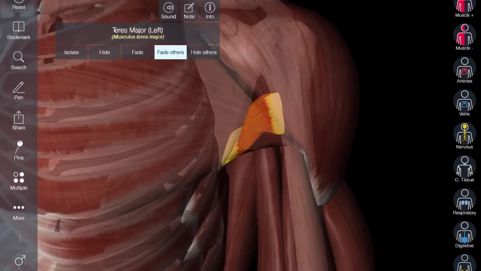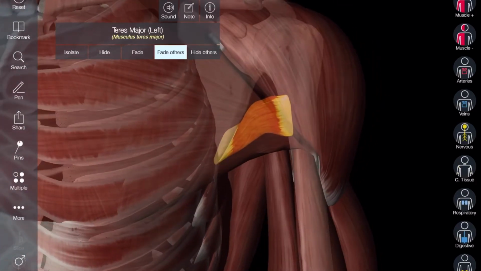It's going to do medial rotation. So medial rotation of the arm at the shoulder, or shoulder medial rotation, or medial rotation at the glenohumeral joint, is one action of teres major. The next action is adduction of the arm at the glenohumeral joint, so adduction. And then the third action is extension of the arm at the glenohumeral joint.